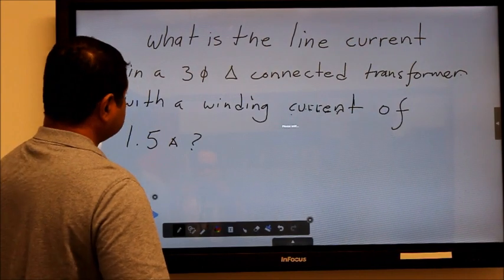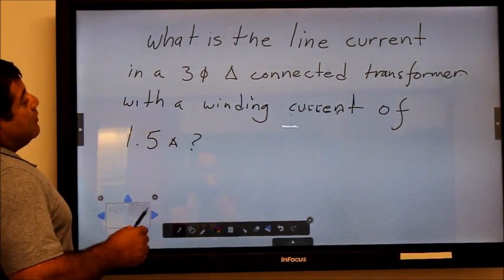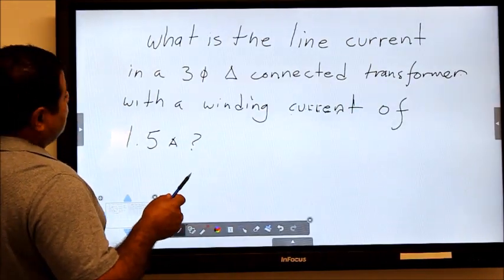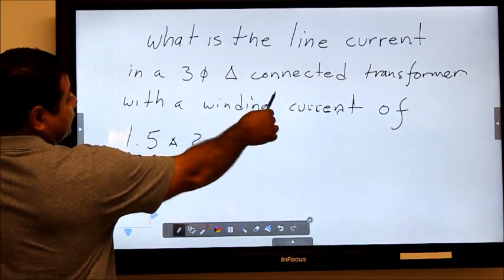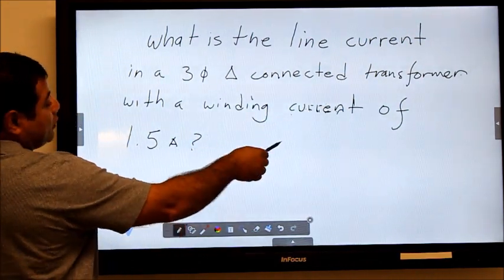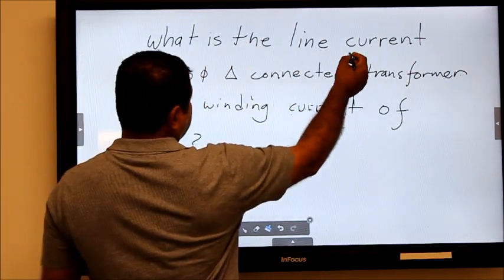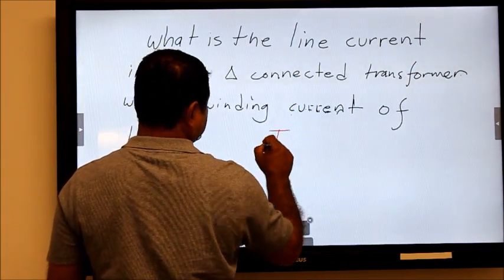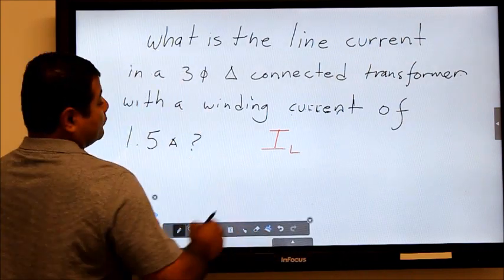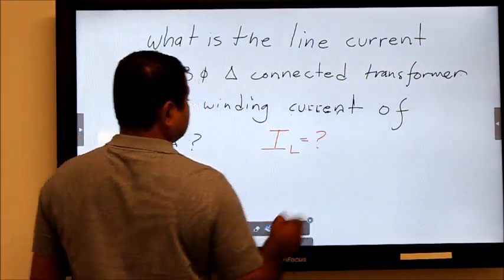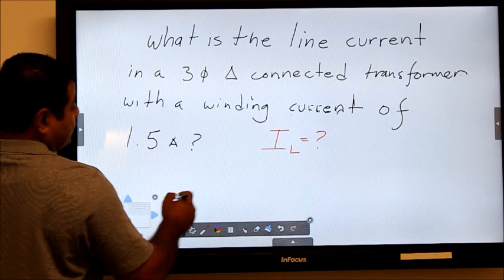So here we go. What is the line current in a 3-phase delta connected transformer with a winding current of 1.5 amps? Well, they want the line current, okay, so this is what we're looking for. We don't know this. And they gave us the winding current.